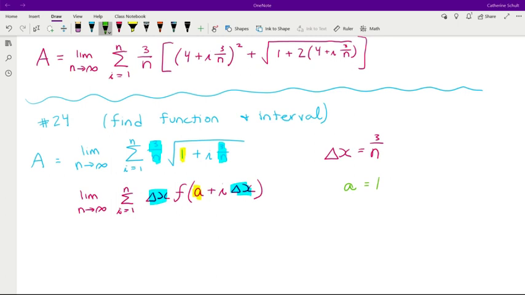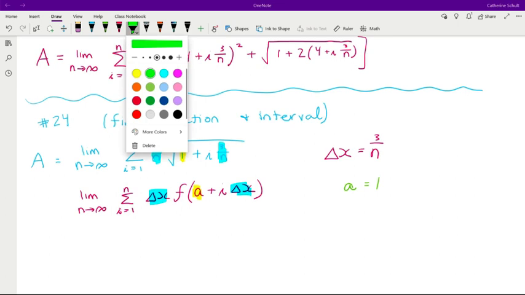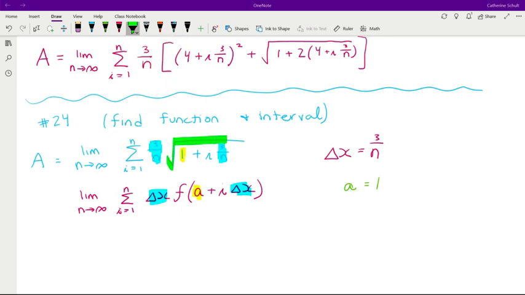And then the input, this 1 plus i times 3 over n, is being plugged into what function? It's being plugged into the square root function. So we also know that f of x is just taking the square root of the input, which is just square root of x. So you see how we were able to reverse engineer that?